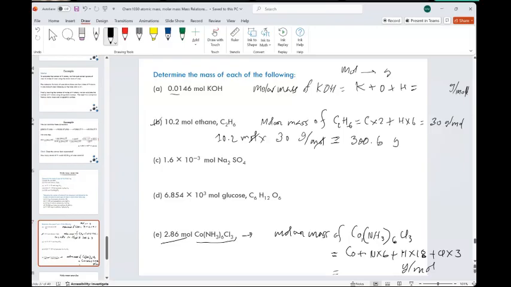You have mole, you want to go to gram, you multiply. Any question? The most important part is to be able to find out molar mass accurately, right?